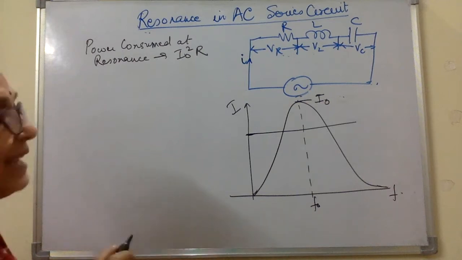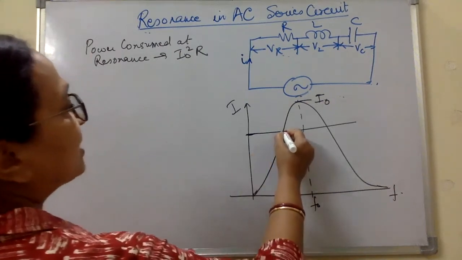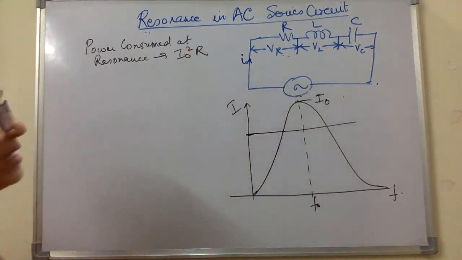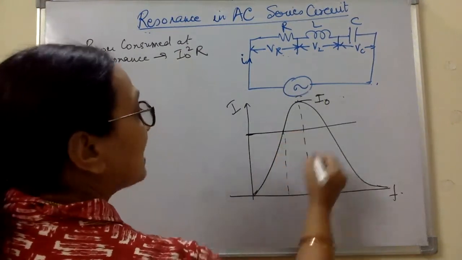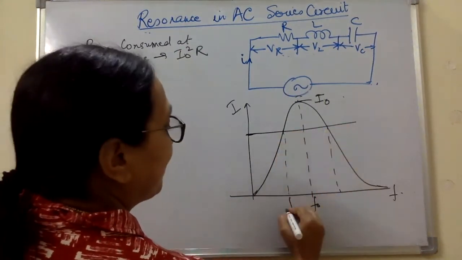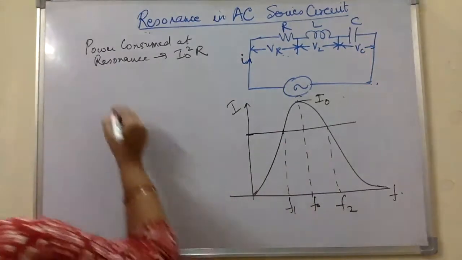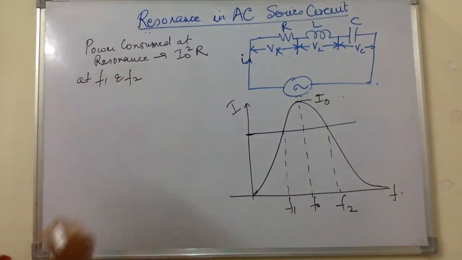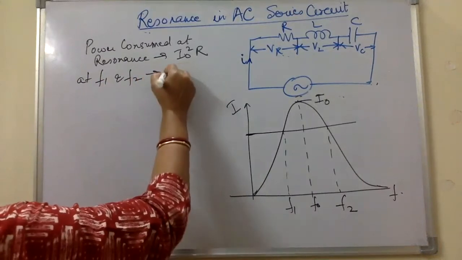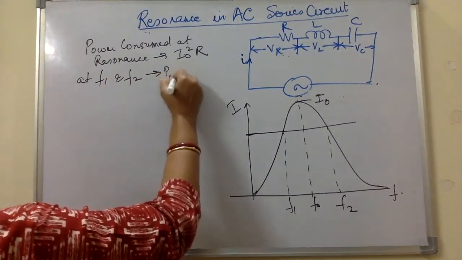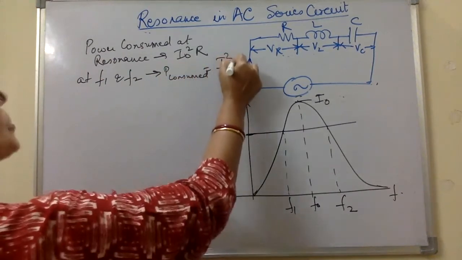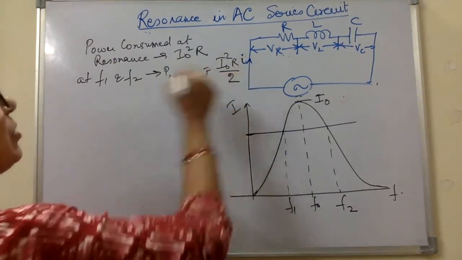We defined, when the power consumed is half the power consumed at resonance, those frequencies as half power frequencies. That is, at F1 and F2, the power consumed will be equal to I0 square R by 2.